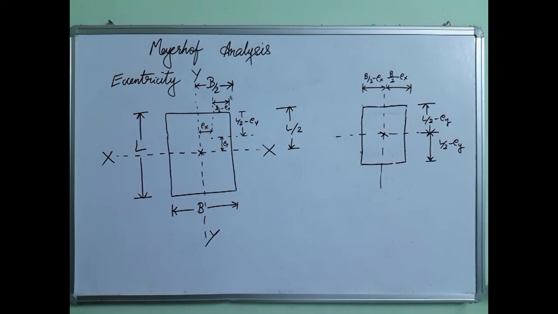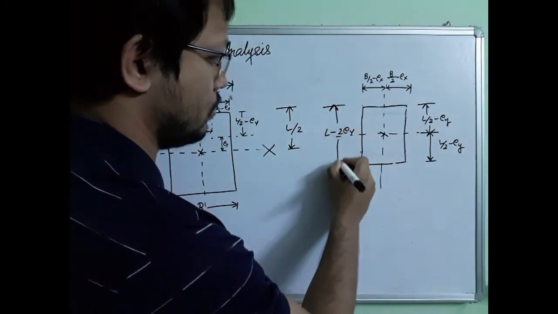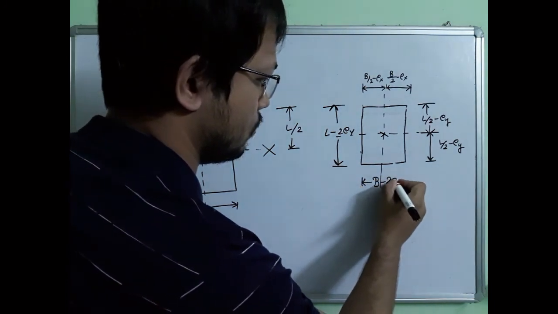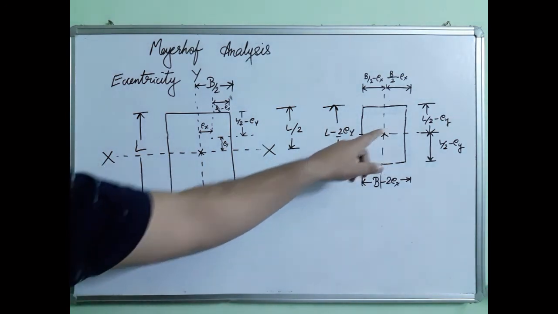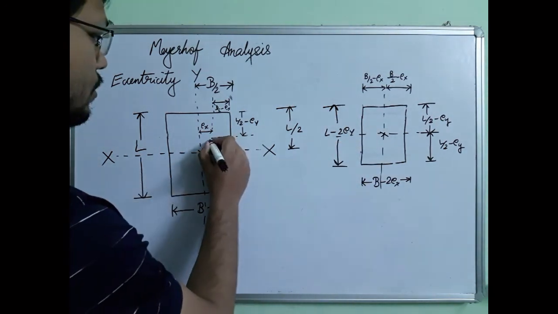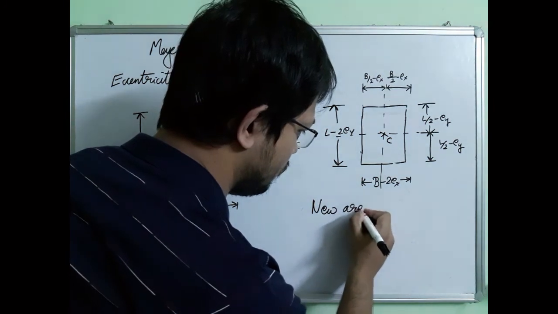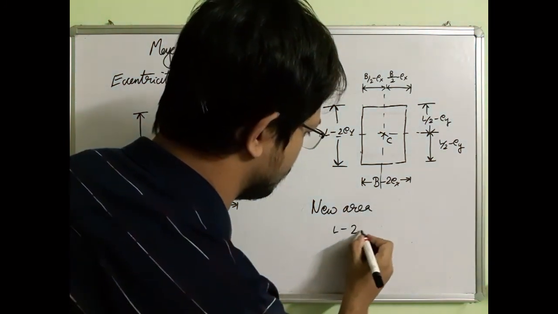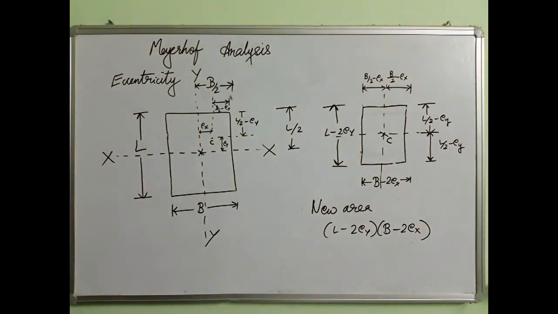So finally we will take a footing whose dimensions will be L minus twice Ey and B minus twice Ex, with this point being at the center. So the new area will be this one.